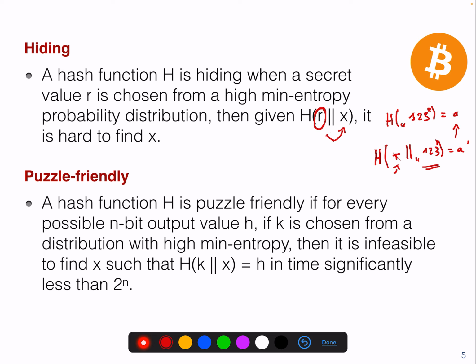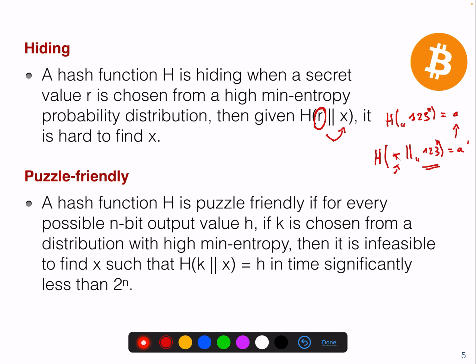All right, puzzle friendliness. A hash function h is puzzle friendly if for every n-bit output value h, if k is chosen from a distribution with high min entropy, then it is infeasible to find x such that the hash of k concatenated with x is h in time significantly less than 2 to the power of n.